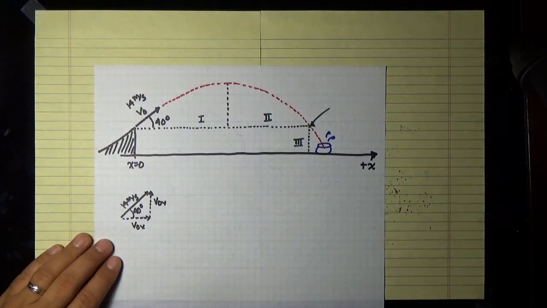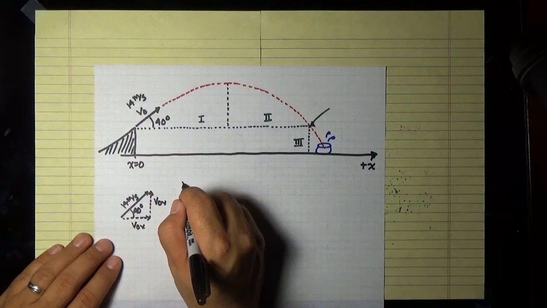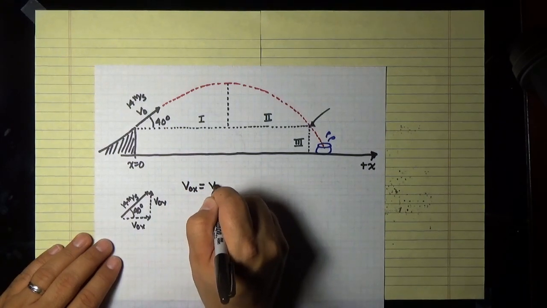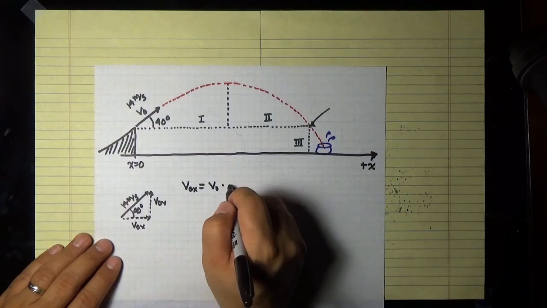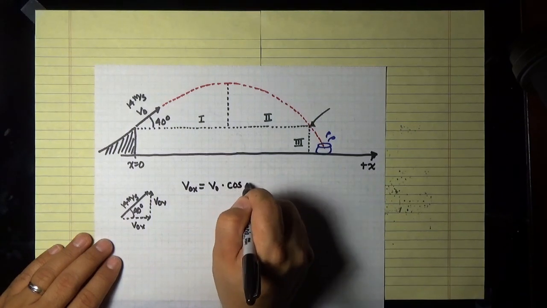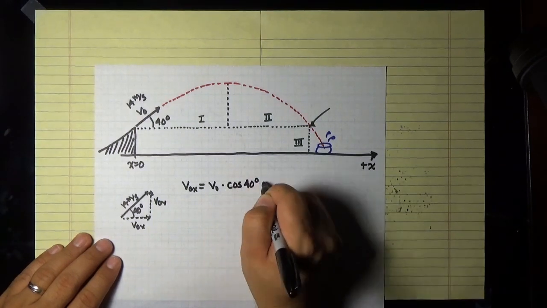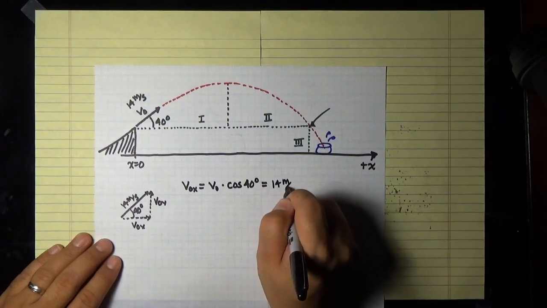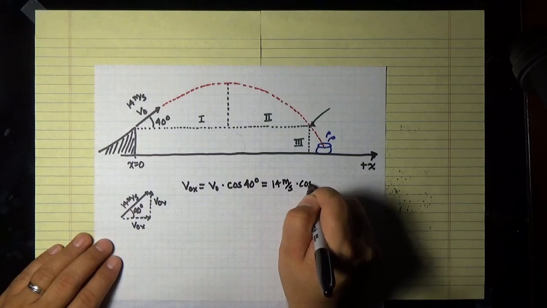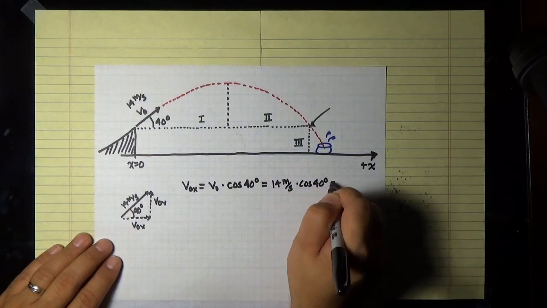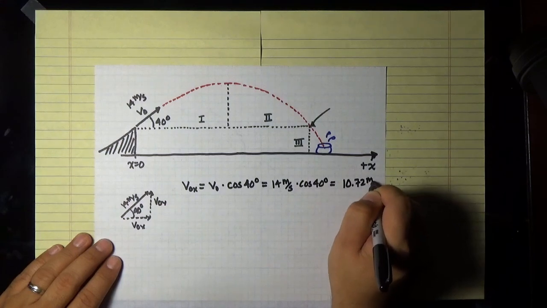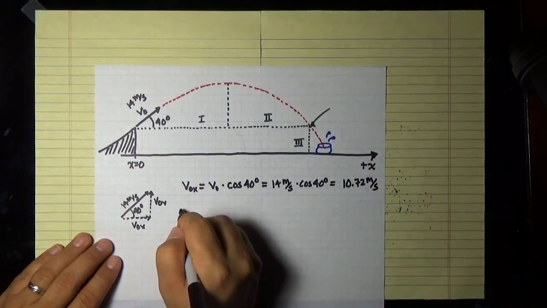So if I just do that trigonometry, I find that v naught x is equal to that initial speed times the cosine of that 40 degrees. So that initial speed is 14 meters per second times the cosine of 40 degrees, and I find that that is 10.72 meters per second.